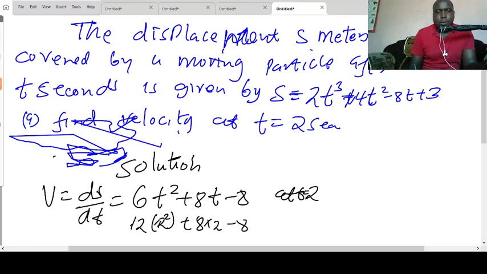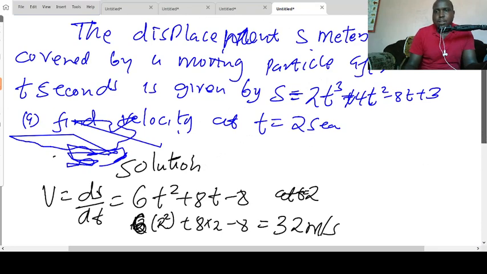So 6 times 4 will be 24, plus 8, which is 32. So this one will be 32 meters per second, because that is velocity.